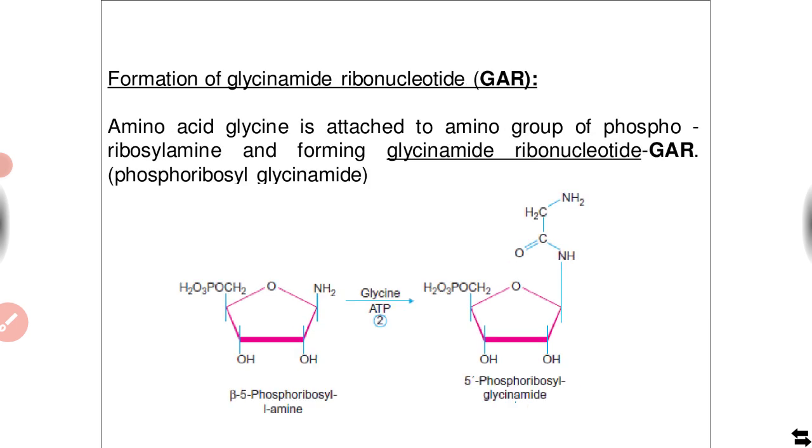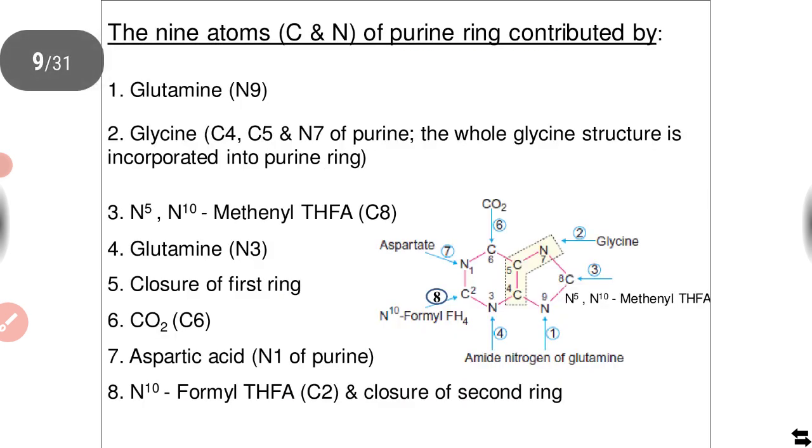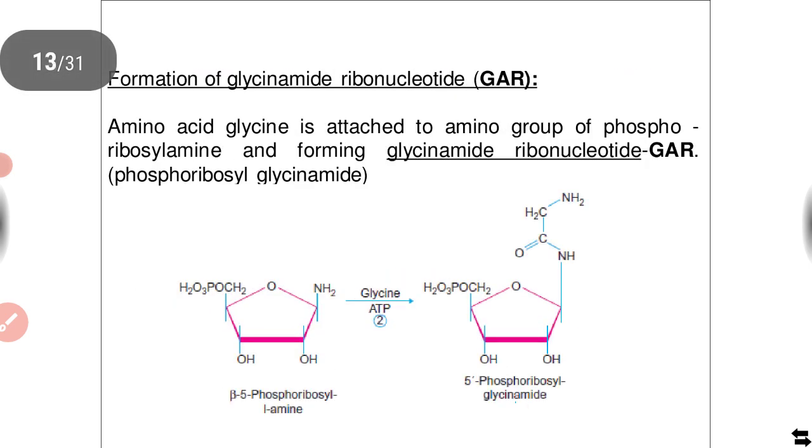Our next step: what is the next atom that is added? It is C4, C5 and N7, which is contributed by glycine. So to this amino group, C4, C5 and N7 are added from glycine.